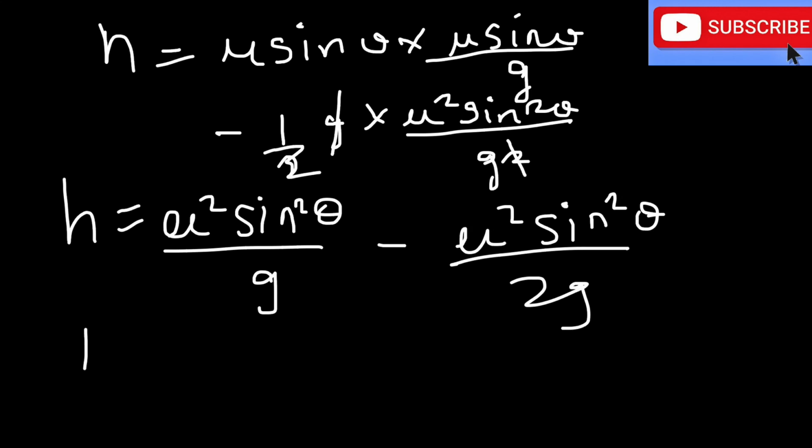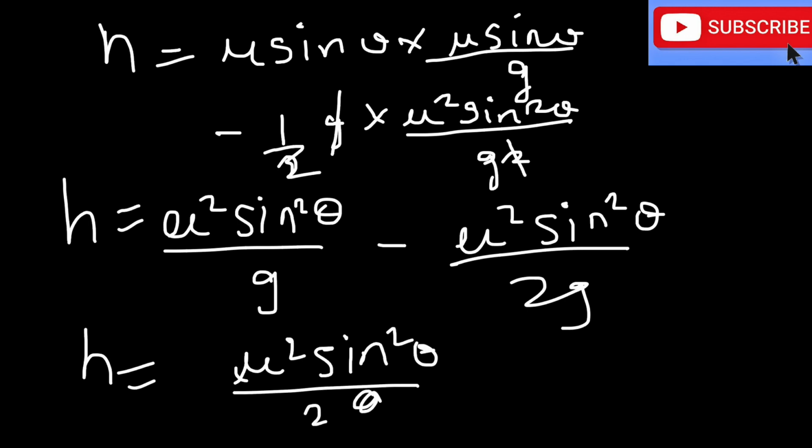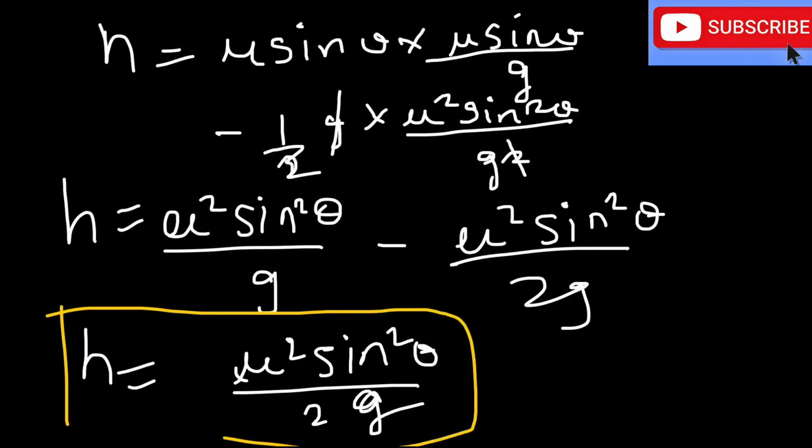Taking the LCM, I will get u square sin square theta upon 2g. So this will be our final simplified expression for the maximum height reached by the projectile. Let us make a box here.